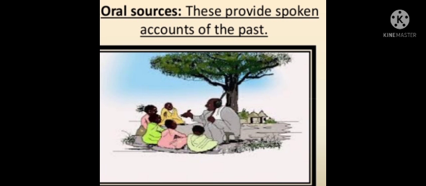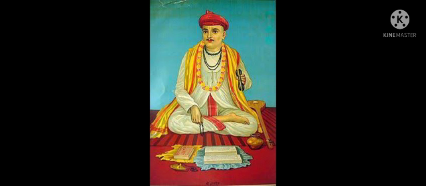Evaluating the sources of history. What is evaluation? Evaluation is the process of judging or calculating the quality, importance, or value of something. It is necessary to take certain precautions before using these sources of history. We have to examine their authenticity and see which are genuine and which are fake.